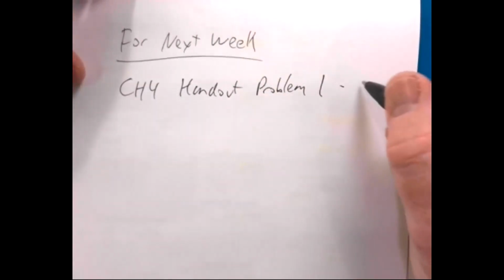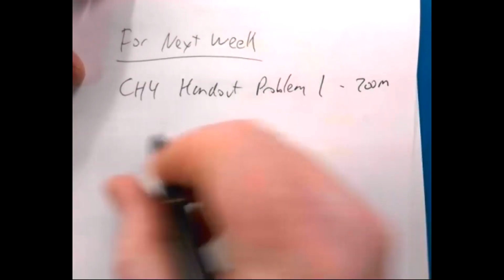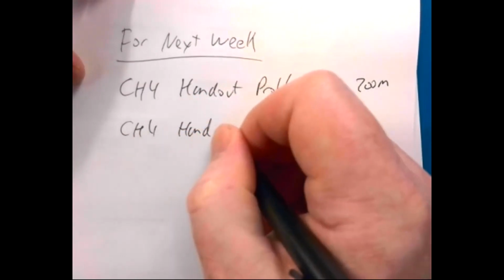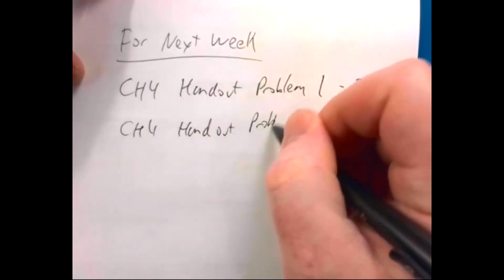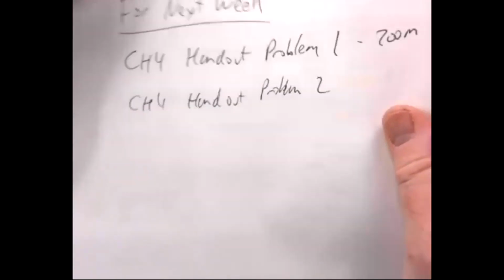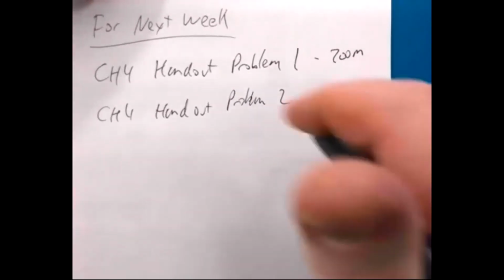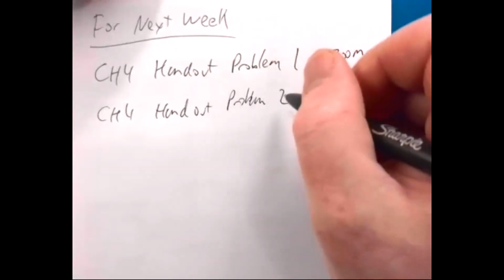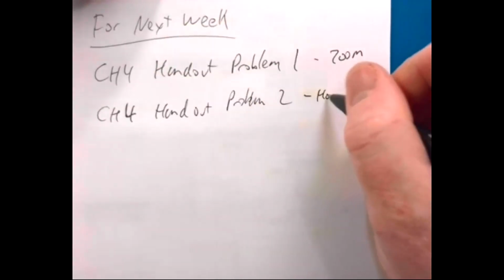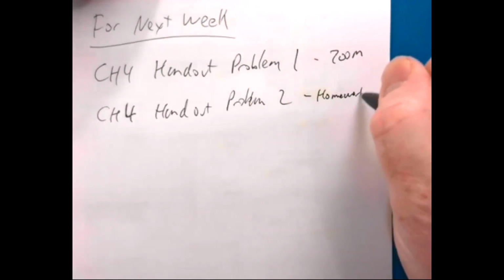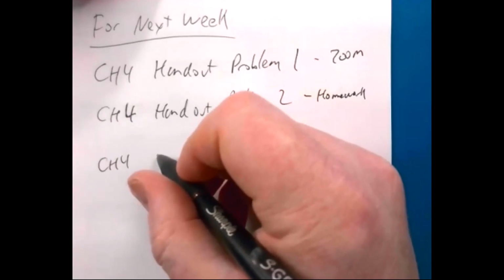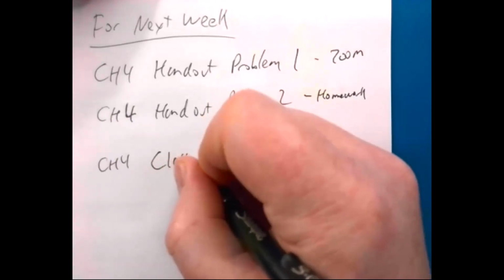So that we did in Zoom. I'm going to put chapter 4, handout, problem 2. You guys can do that. If you have any questions on it, feel free to contact me. And that is homework. And then we just did chapter 4, classified balance sheet.